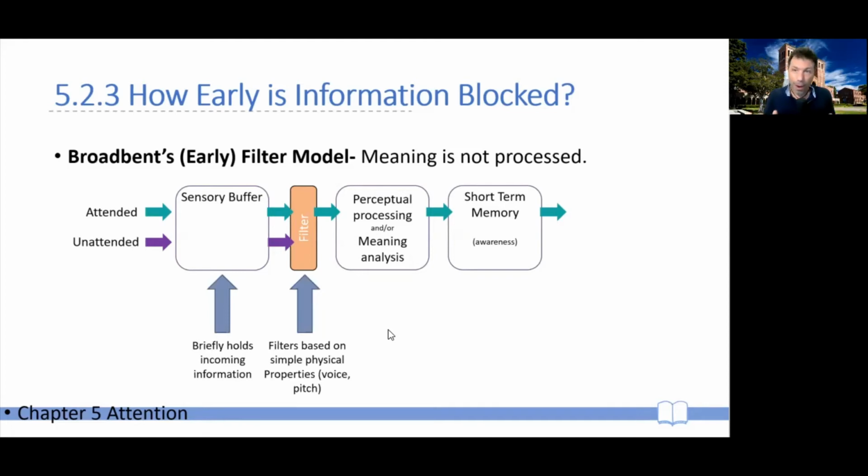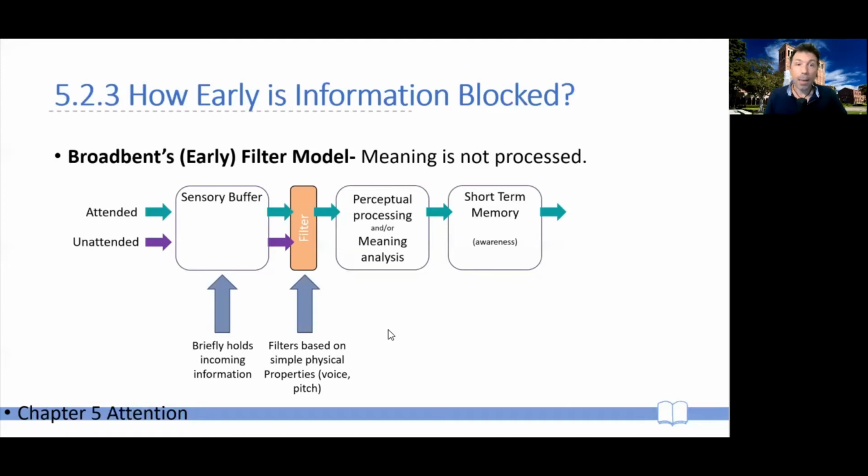So based on these very simple and very low-level physical properties, it decides which message to attend to and which message to reject. And this, of course, is consistent with the results we just saw from the dichotic listening experiments. Now, the information that is unattended at this point gets discarded, gets rejected, whereas the attended information then gets sent on for further processing.